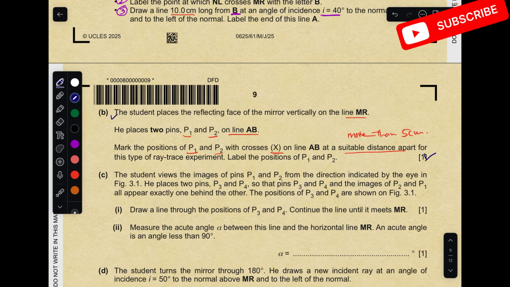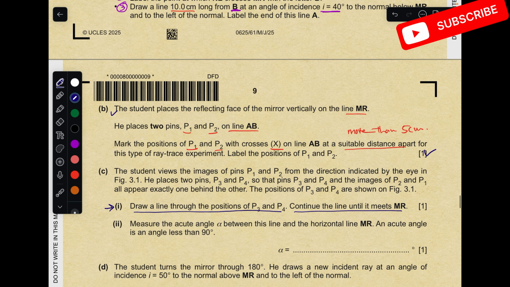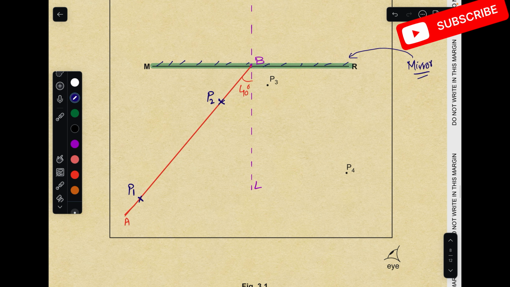Okay, so this is the thing that we have to do now. Draw a line through the position P3 and P4. Continue the line until it meets MR. The P3 and P4 are already mentioned.